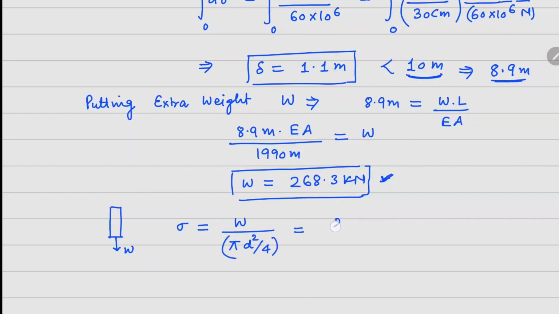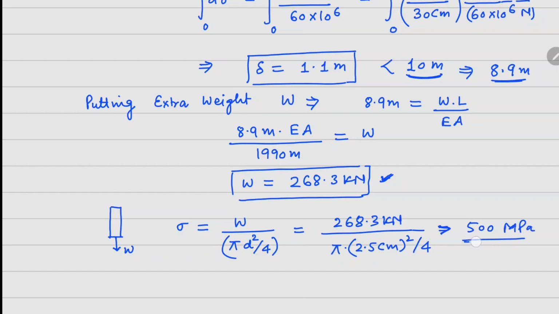If I substitute 268.3 kilonewtons and pi times 2.5 centimeters squared divided by 4, this number comes out very big, more than 500 megapascals. So this requires a material which is very, very strong. If you think in terms of steel, it may yield somewhere around 300 to 400, and it may go to failure at 400 to 500 megapascals. So this is definitely not a safe design, and we need to figure out another way to do this.